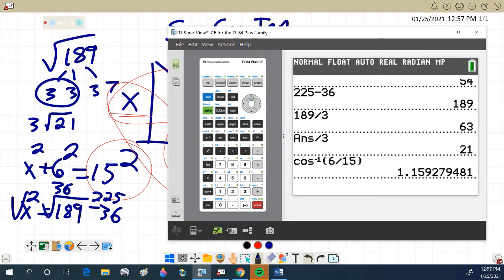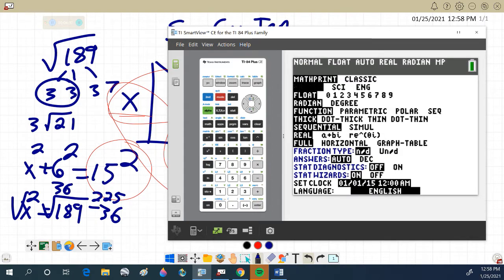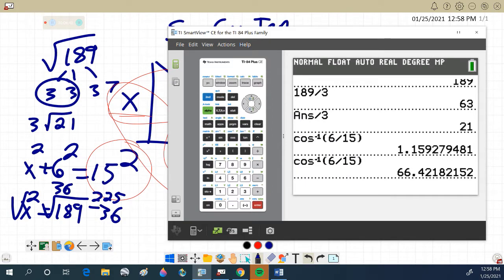And what's wrong? That certainly isn't a 1.15 degree angle. My calculator is currently in radians. So I'm going to push mode, go down to degree, and degrees make more sense in the real world.